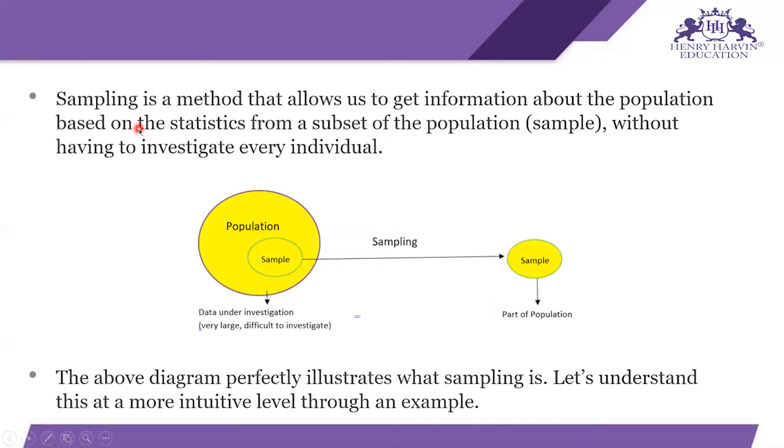First of all, let me explain in main terms: sampling is a method that allows us to get information about the population, based on statistics, from a subset of the population, the sample, without having to investigate every individual.